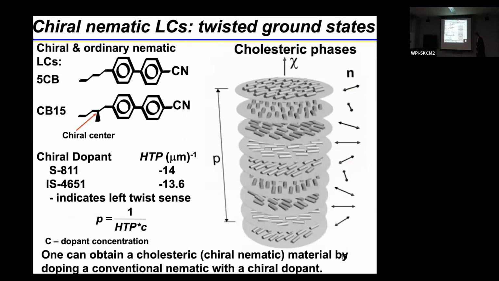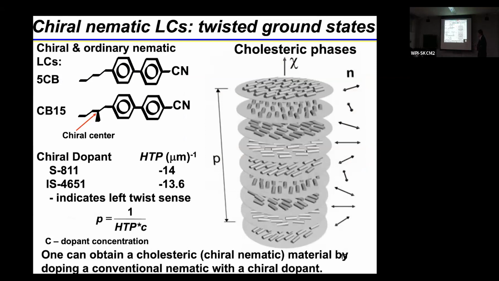So up to now, we considered just rods or discs, but the molecules that form liquid crystal phases can be chiral. And so this type of molecule that I told you is a classic example of molecules forming nematic liquid crystal phases can have a chiral center.